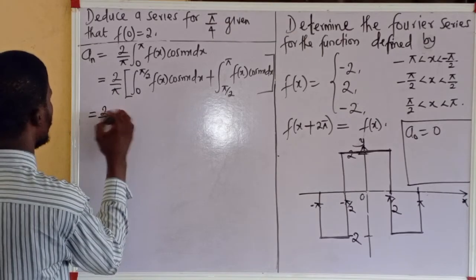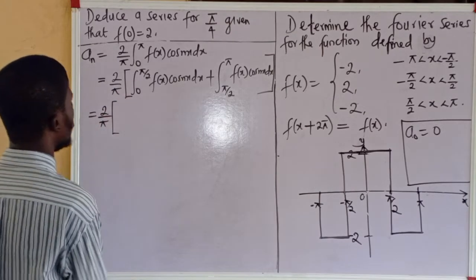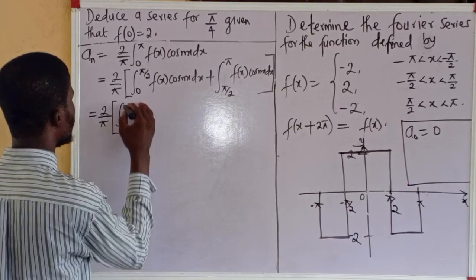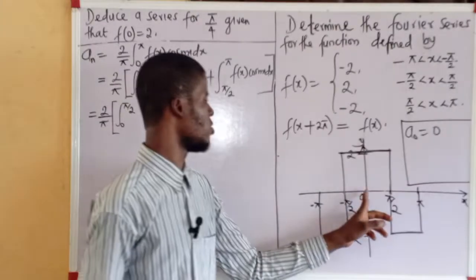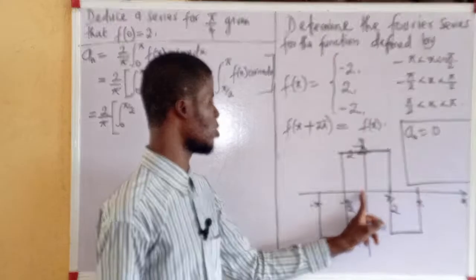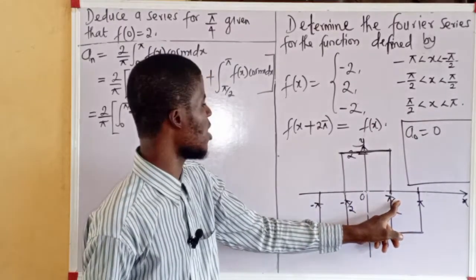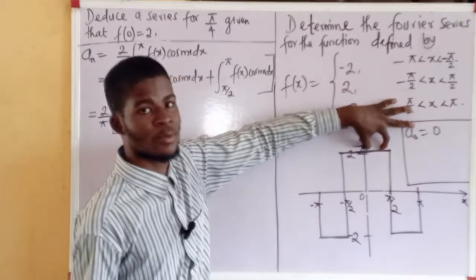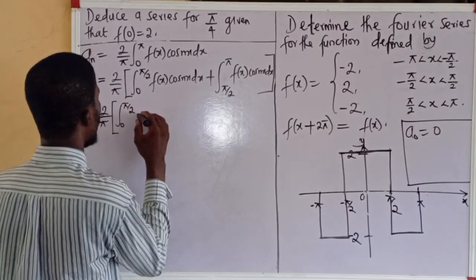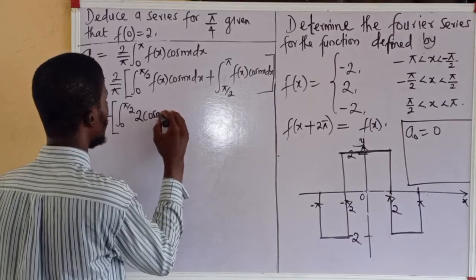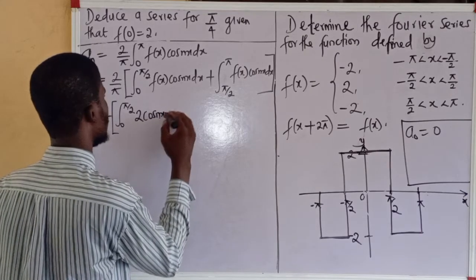So this is it. We have 2 over pi into the integral from 0 to pi over 2. Between 0 and pi over 2, we said that f of x is 2. So we have 2 cos nx dx.